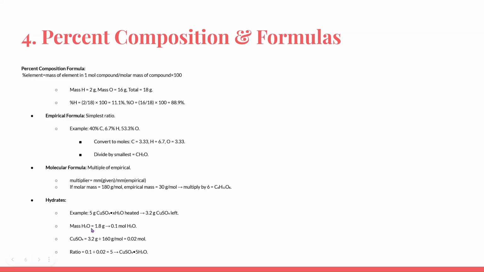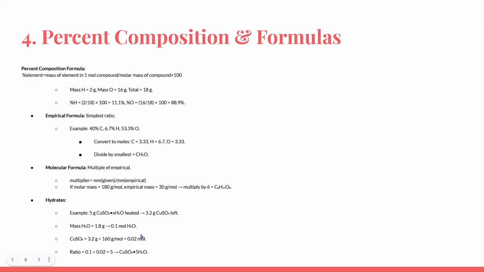and then that would give you 0.1 moles of H2O using stoichiometry, and then you figure out that you have 3.2 grams of the compound left, as stated up here earlier, and you divide that by its molar mass, and that should give you the amount of moles of the compound.